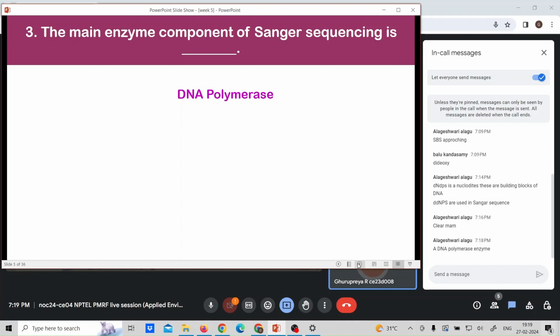Because that's the very first DNA sequencing method, and it's very important to know how that is being carried out. So, do any of you know what are the steps? Roughly, some three steps or something.